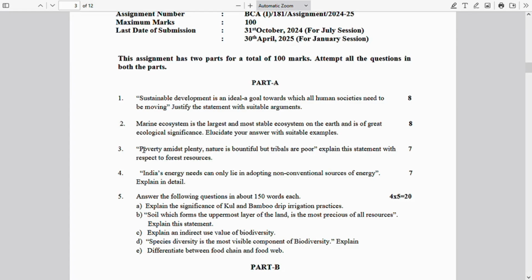From this question we are unable to tell which chapter, which block it belongs to. We can guess it is from forest resources here. Similarly, we can guess from here it is non-conventional energy source, like that. But it is very difficult to find the exact pages.